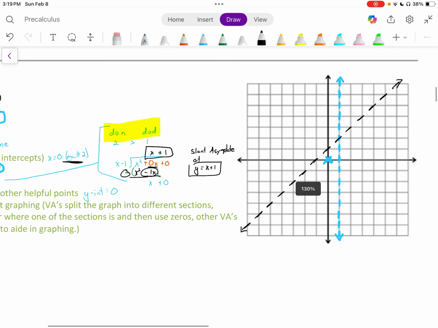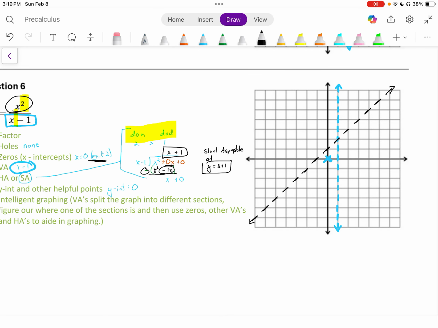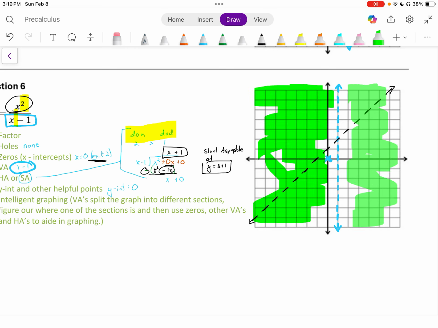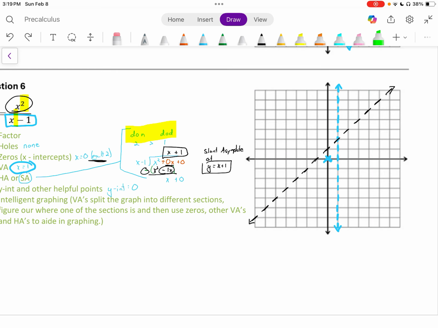And now we can graph our function. We have one vertical asymptote, which splits this up into 2 sections. And so we have to see where the branch goes on each side of that vertical asymptote. And so we can think through, well, what works?